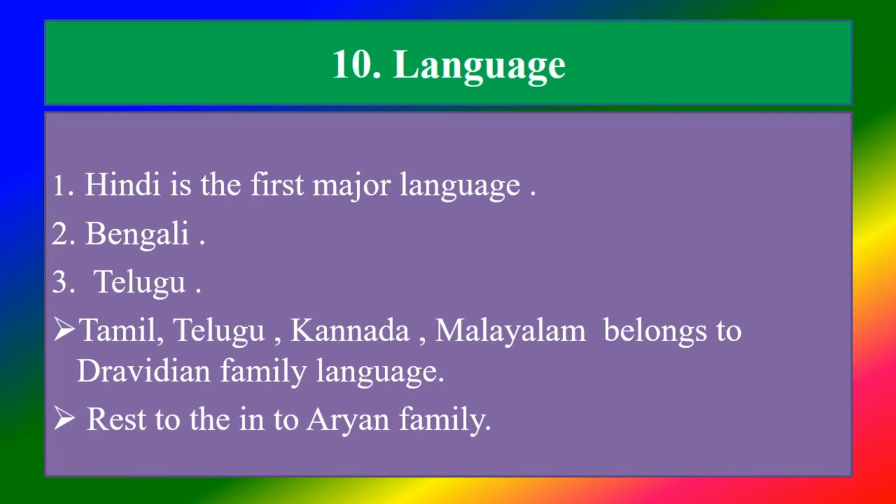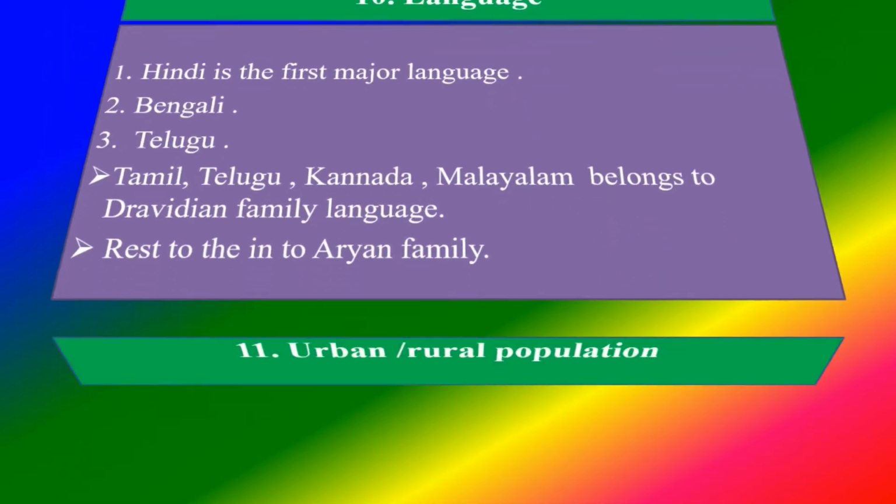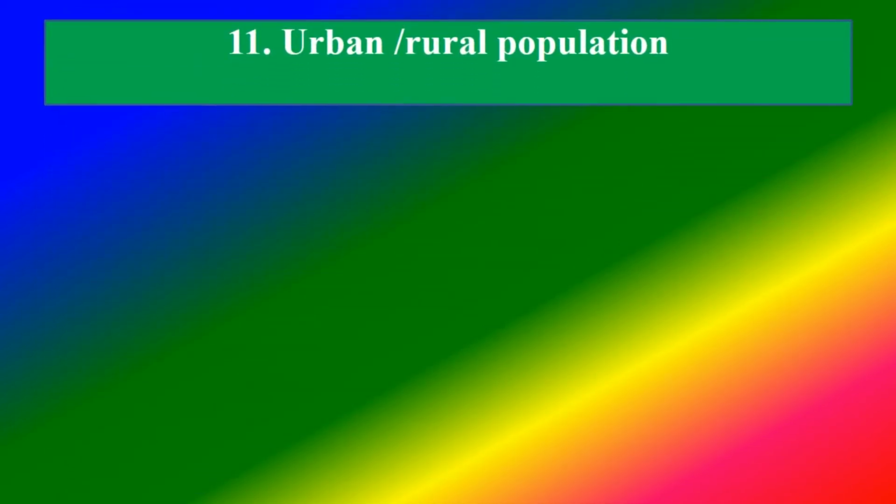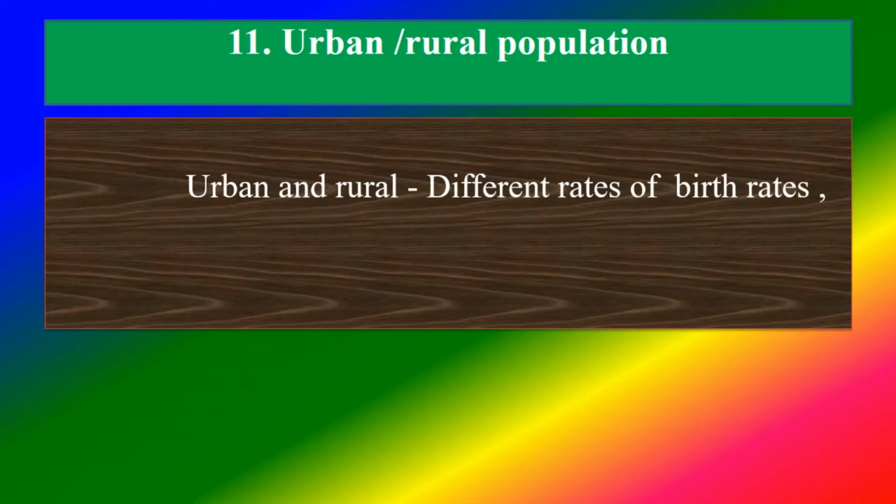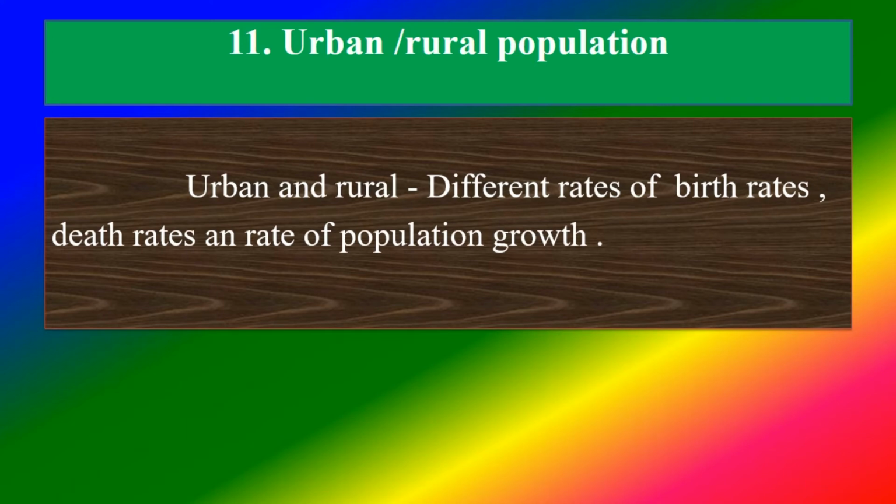Rest belong to the Aryan family languages. Eleven, urban rural population. Urban and rural areas have different birth rates, death rates, and rates of population growth.